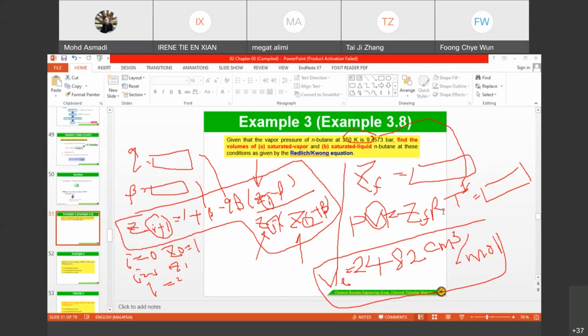What is the answer? 1168. It should be close to this one. You see? What is the unit? I don't know whether the answer is correct or not, and there is no unit. Is it in kilojoule per mole or meter cubic per mole?